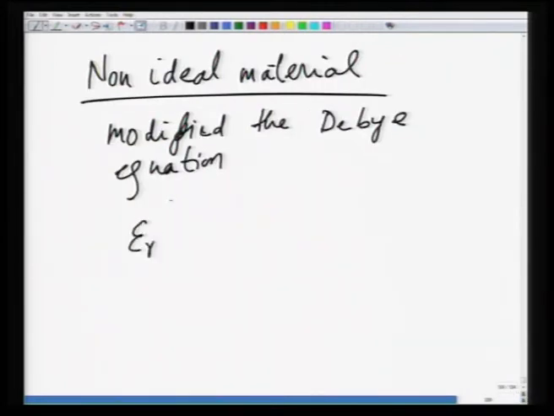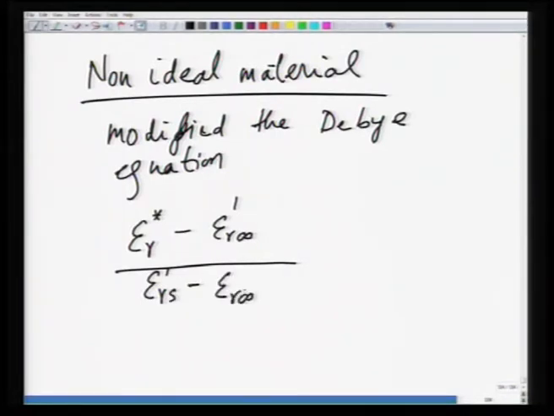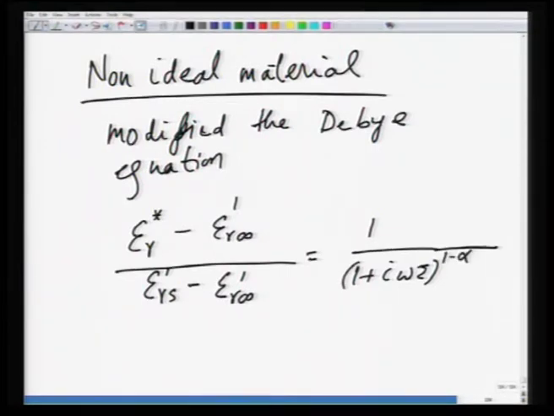So, this becomes epsilon r star minus epsilon r infinity divided by epsilon r s minus epsilon r infinity, and this is equal to 1 plus i omega tau to the power 1 minus alpha.